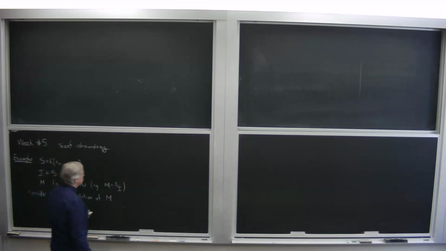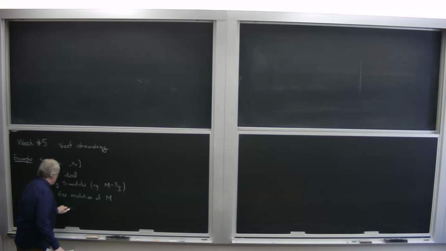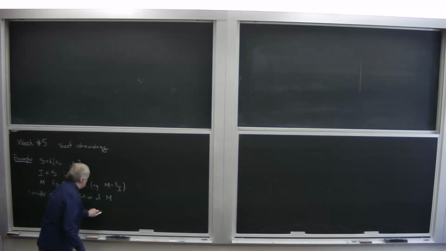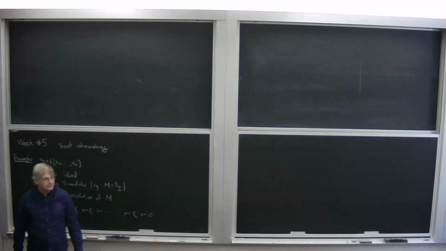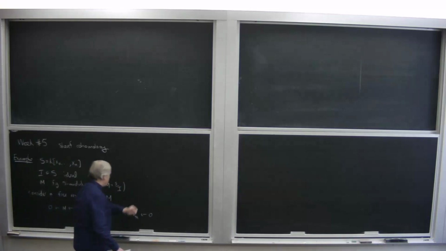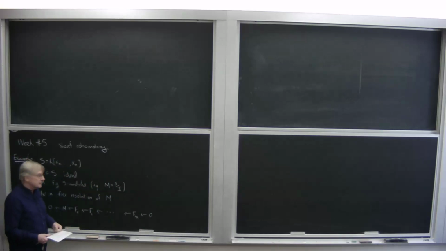And what does this look like? This looks like 0, M, and then we have a bunch of free modules, F0, F1, etc. Now, it's a polynomial ring. We didn't actually prove it in class, but it does end like this. Let's say at M; it's just some finite value.